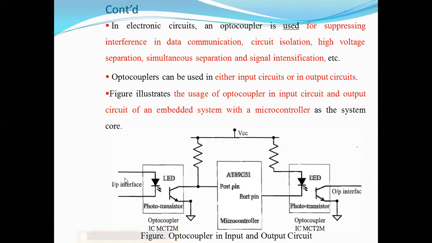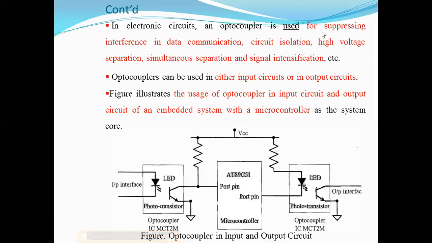You can think of this as acting as a stabilizer. Suppose this port pin is to be given 5 volts or 10 volts, but suddenly some input devices get a high voltage, and that will damage the microcontroller. So they place the optocoupler at the input side and the output side so that there cannot be any damage to the core of the embedded system.